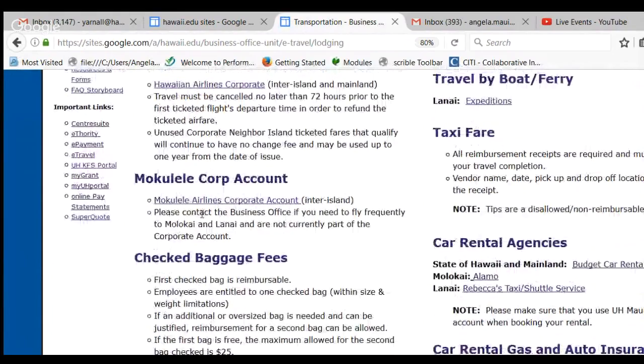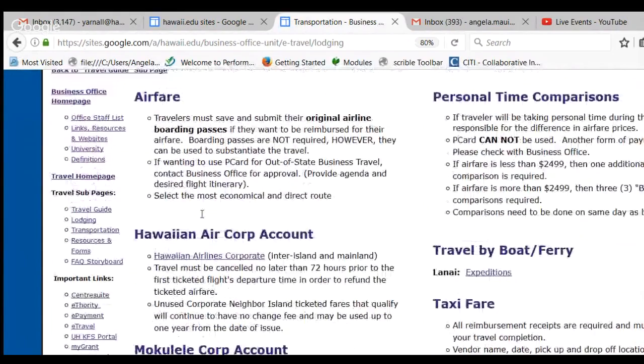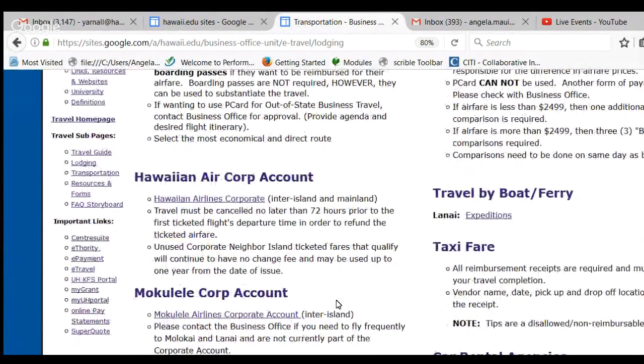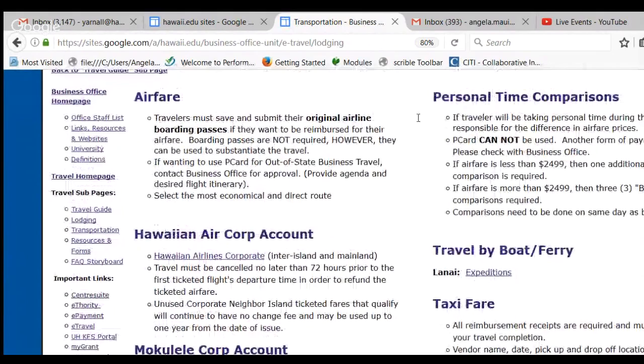What's the most helpful thing so far? On this page? Let's see. There's a lot of different topics, so you know where to go. For instance, I had a couple questions on personal time, so that one is good too.